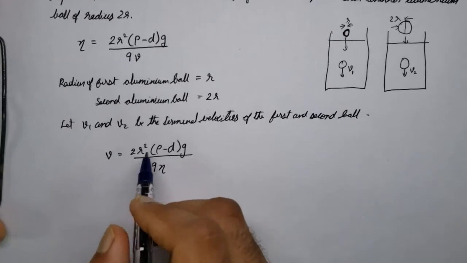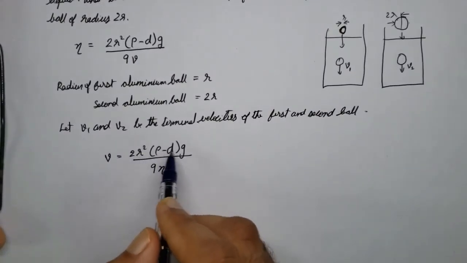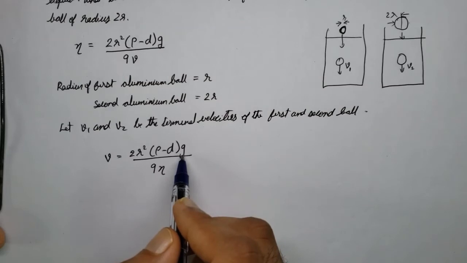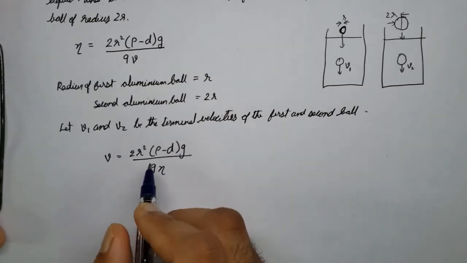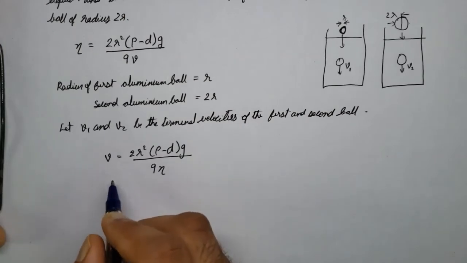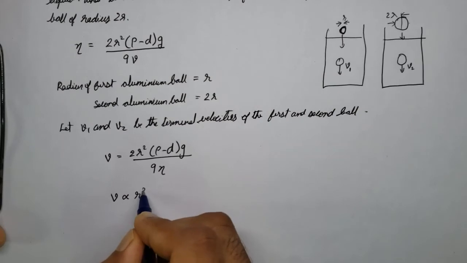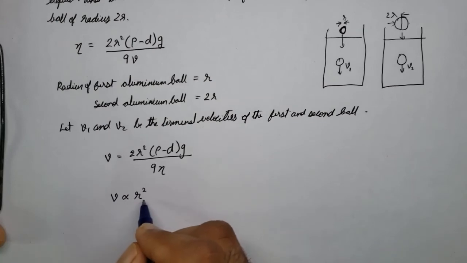Here the radius has changed from the first ball to the second ball. Everything else is the same: the material is aluminum, the fluid is the same. So density of the fluid is the same, acceleration due to gravity is same, and eta is also the same because it's the same fluid. So v is going to be the terminal velocity. v is proportional to r square, the square of the radius of the ball.